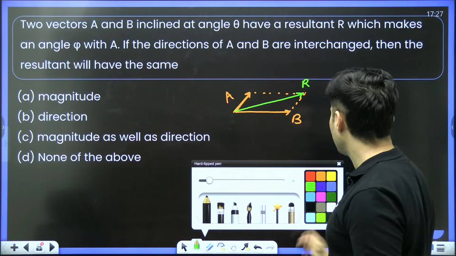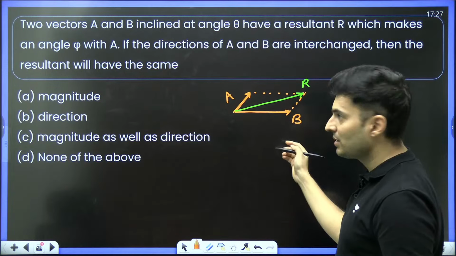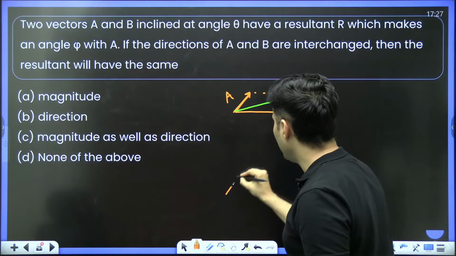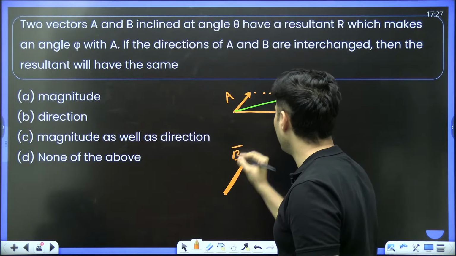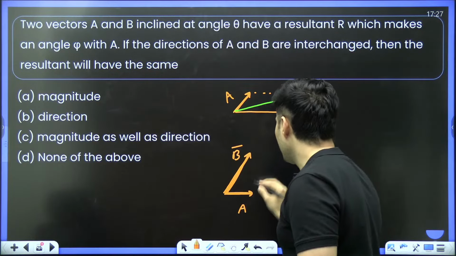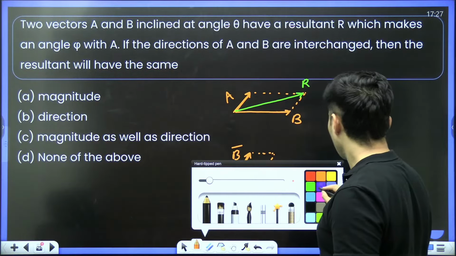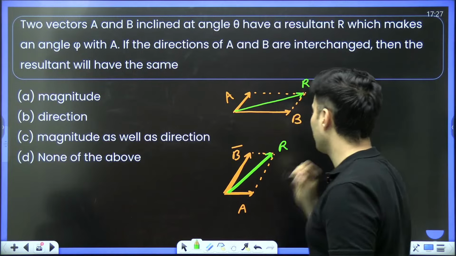Now if I interchange the directions, so instead of writing A here and B here, I write B over here and A over here, then the parallelogram will look slightly different. It will look like this, and this would be the resultant R.